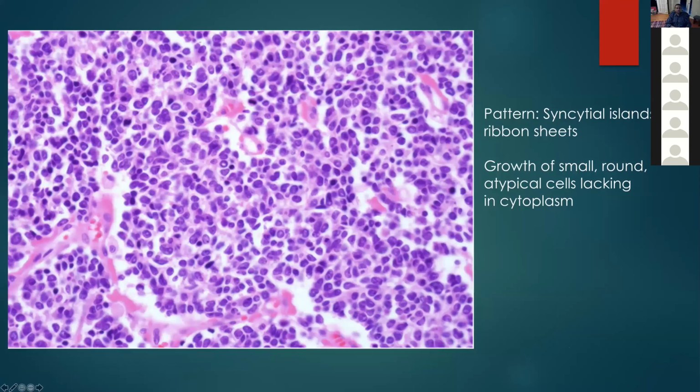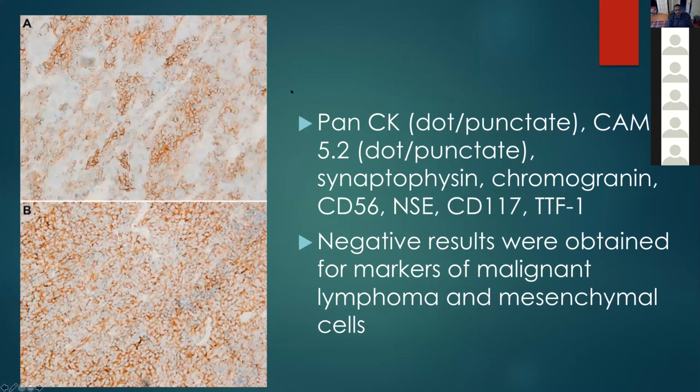This was positive for pancytokeratin. See, they did not do anything fancy. Of course, they did other stains, but look at this. Pancytokeratin was positive, and it was also positive for chromogranin, synaptophysin, CD56. Remember, going back to that Bible slide I told you, that very important Gita slide, or the Quran slide, CD56 is positive.